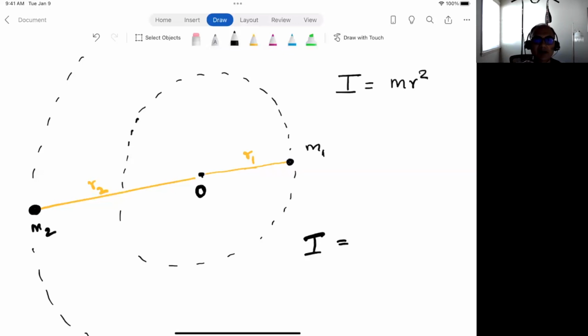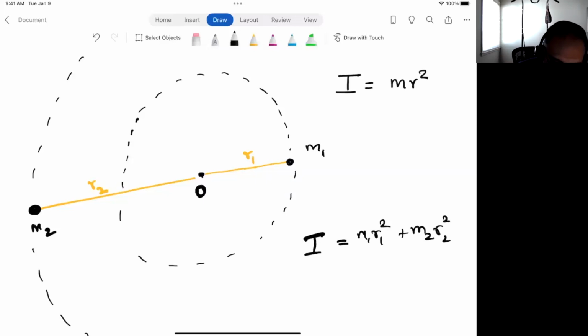As long as you're calculating the moment of inertia about the same axis, you can feel free to add them up. So the total moment of inertia of these 2 point masses, only because they're rotating about the same axis, would be m1 r1 squared, that's the moment of inertia of the first one, plus m2 r2 squared.